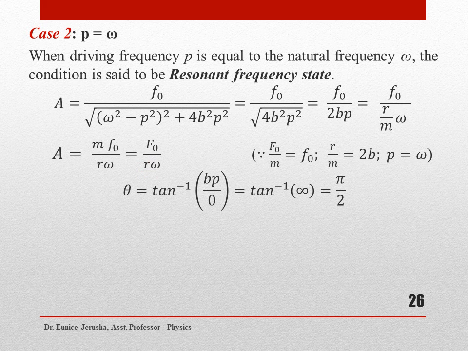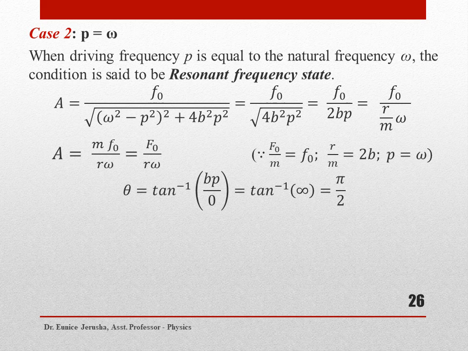We also find an expression for the phase angle theta. In the denominator we have an omega square minus P square term. Substitution of P equal to omega makes the denominator 0, and therefore we have tan inverse infinity, and tan inverse infinity is pi by 2.